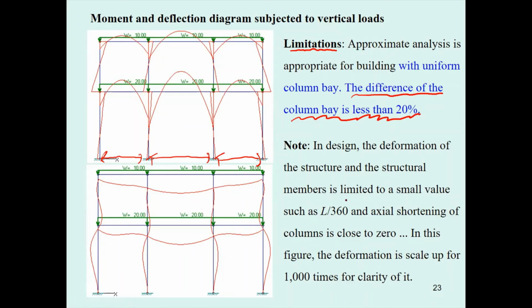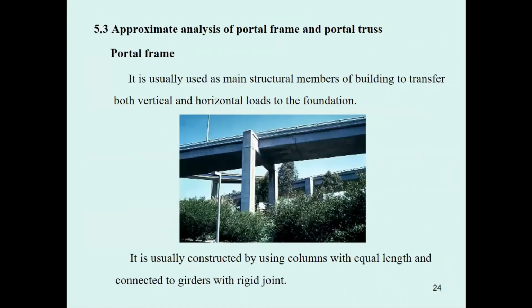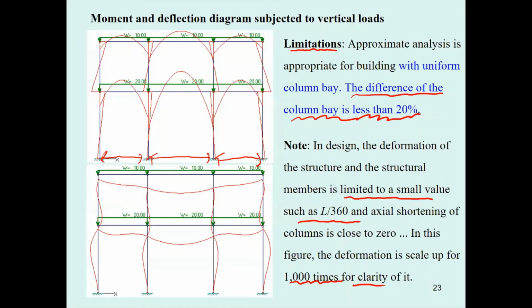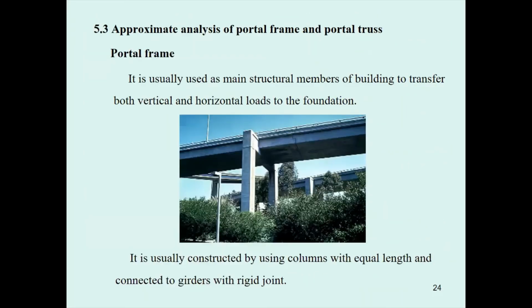Also, in the analysis of this, we suppose to have very small deformation, but I enhanced this picture 1,000 times for the clarity of the elastic curve. Usually when you analyze the structure, the deformation is going to be very small. Okay, now we come to the next portion.